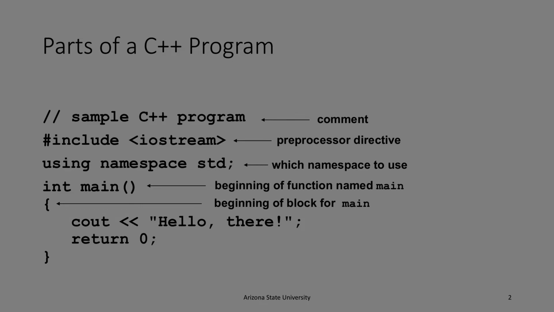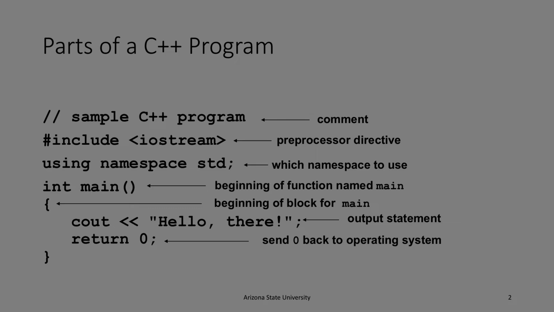So every function starts, after the parentheses of the function, with an open curly brace to say the function starts here, and a closed curly brace to say the function ends here. Whatever's in between the two curly braces is the lines of the function, which in this case is the cout, and the return 0 at the end. And obviously cout is an output statement.